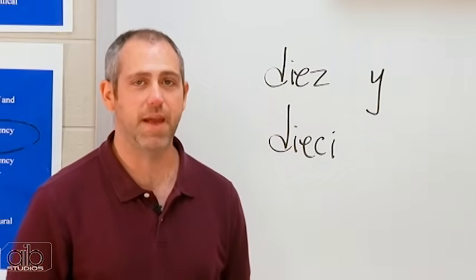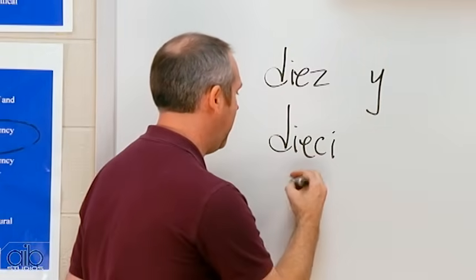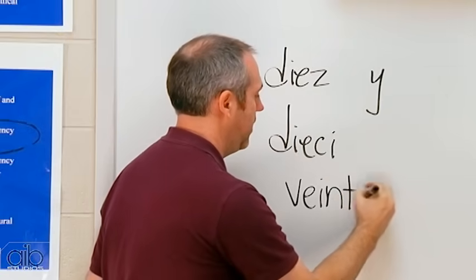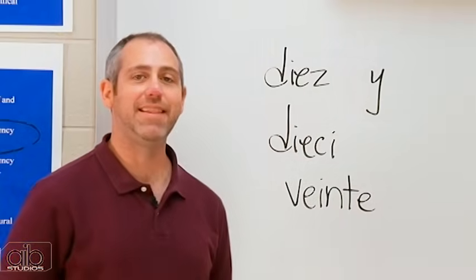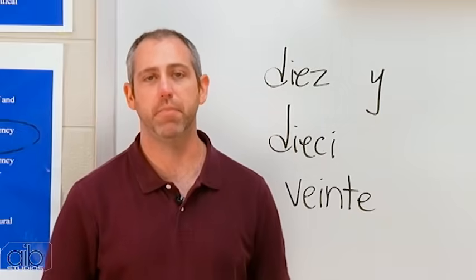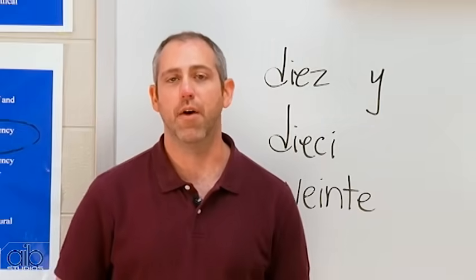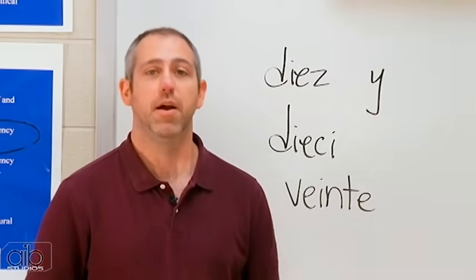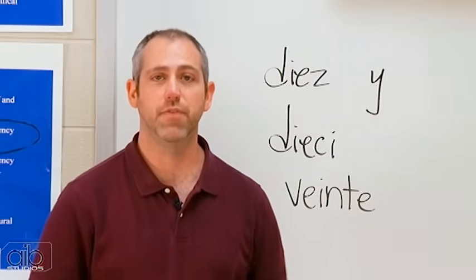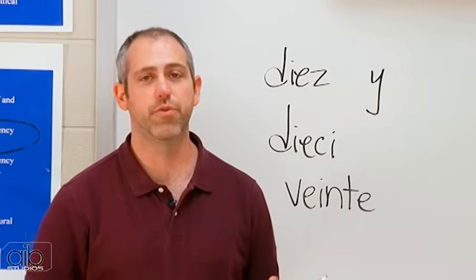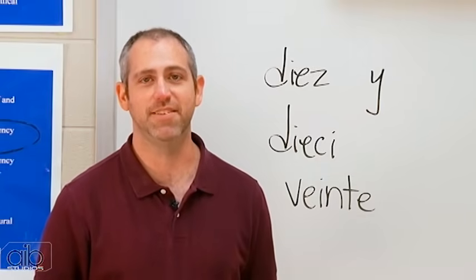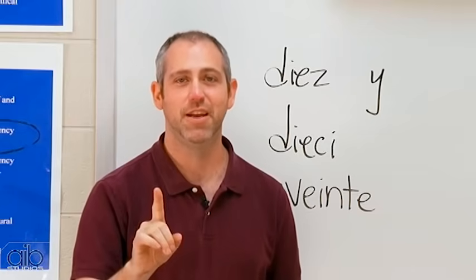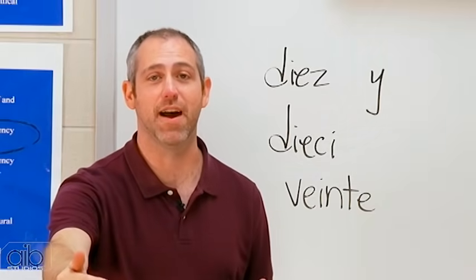Now 20 in Spanish is veinte. I'll write that up. It's V-E-I-N-T-E. Remember that V is almost like a B. Now, we just simply need to learn 20 for what it is. Now, once you get 20 down and you feel comfortable with it, 21 through 29 is really easy. All we're going to do is make one little change, and then we've got all the way through 29.